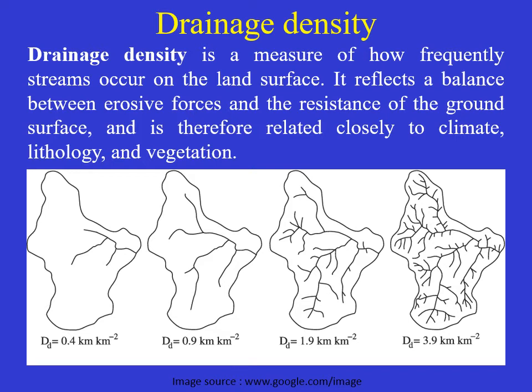It reflects a balance between the erosive forces and the resistance forces of the ground, obviously, because unless the flows can erode and form a permanent channel, there will be no channelized flow. There will be a sheet flow. So for forming a river, the flows should erode the underground rock and form a permanent channel.